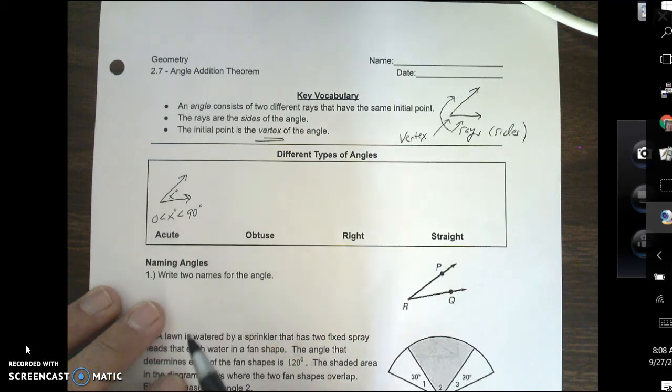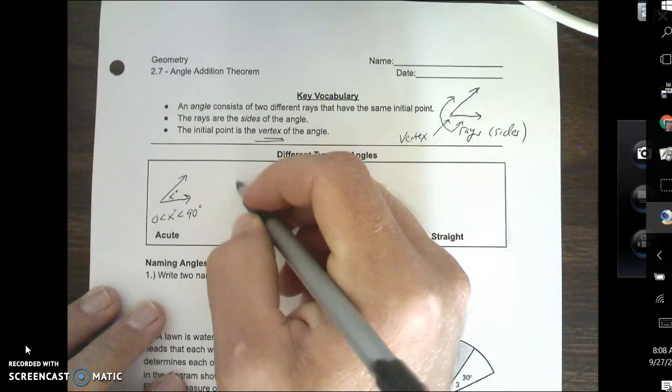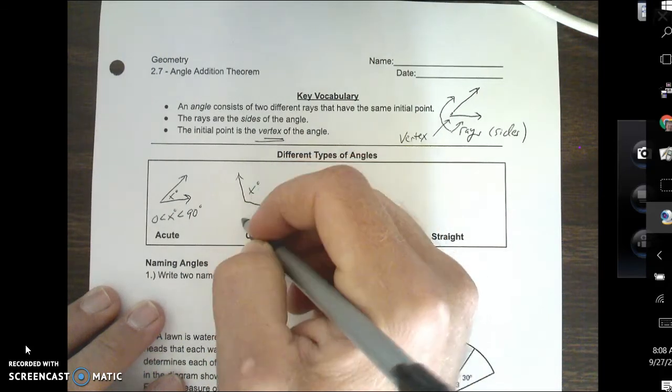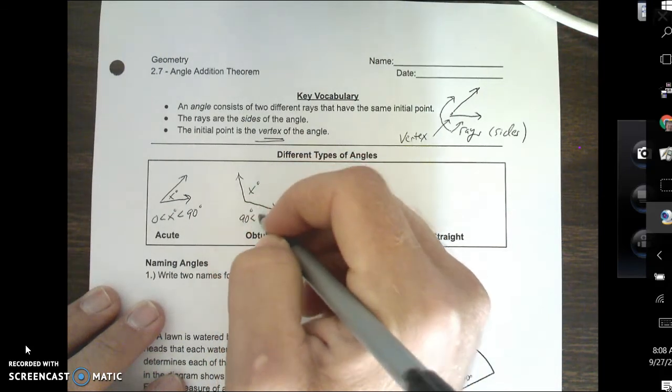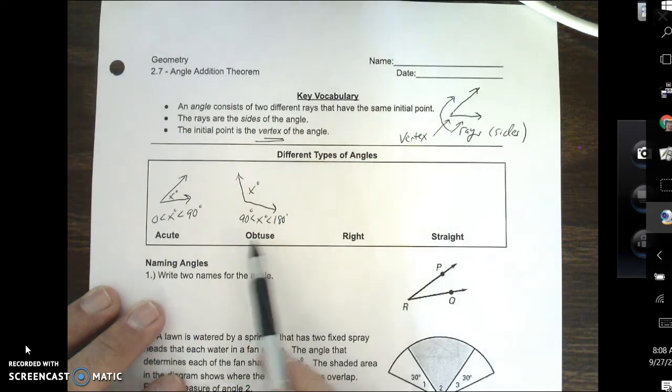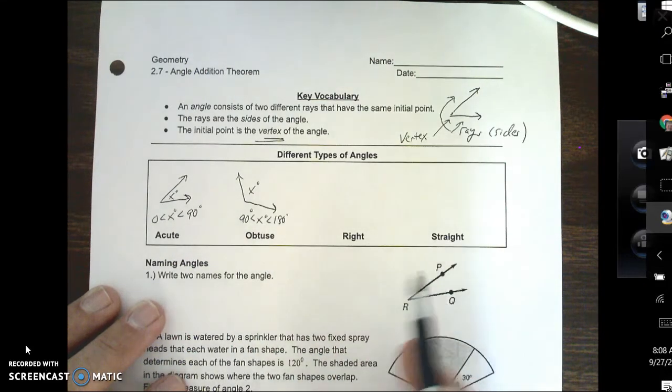It is not 90. Okay? That's an acute angle. Obtuse is when you are talking about an angle that is greater than 90 but less than 180. Again, notice it's just greater than, less than. It's not equaling 90, it's not equaling 180, okay? Because 90 and 180 are special angles.